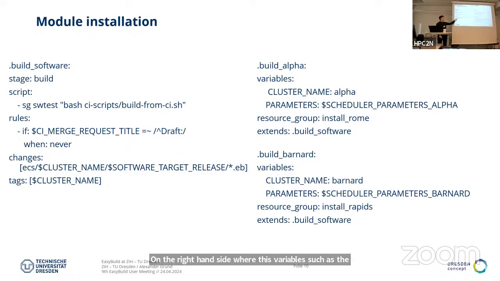And this is also then used in the tags part, which determines on which cluster the job will be allocated. And it's actually pretty easy to add a new job configuration for a new cluster because it's only a couple of lines.